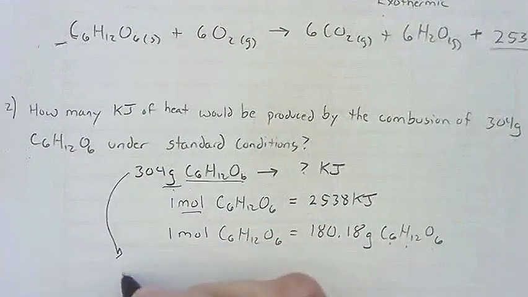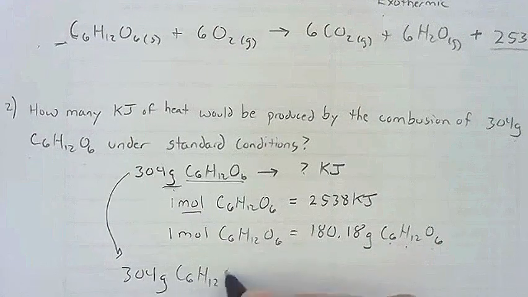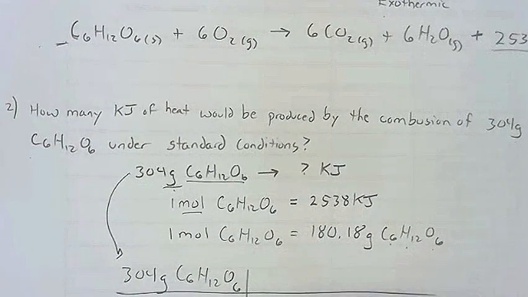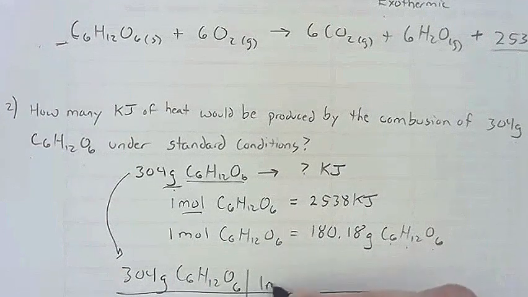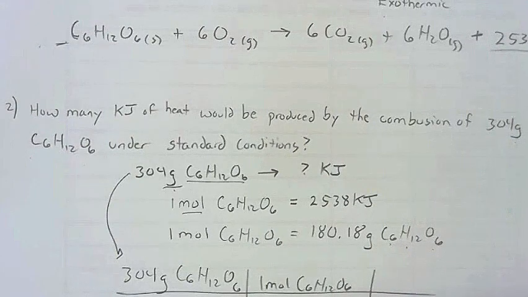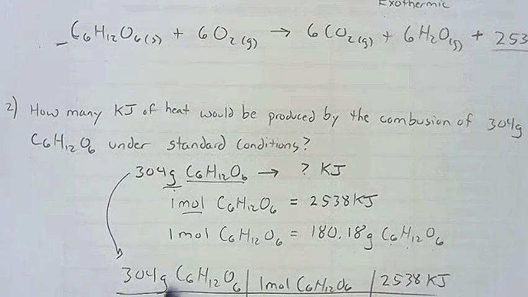So I set up my grid, 304 grams of glucose. I have 180.18 grams of glucose on the bottom, and that's equal to 1 mole of glucose. And then I have, for every 1 mole of glucose, I have 2,538 kilojoules.